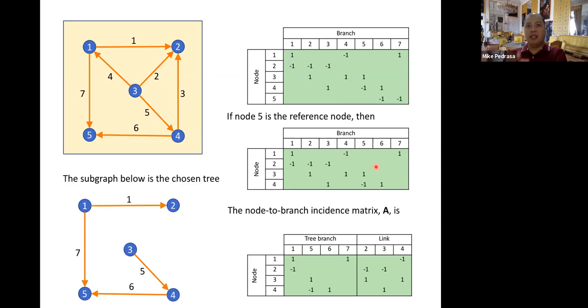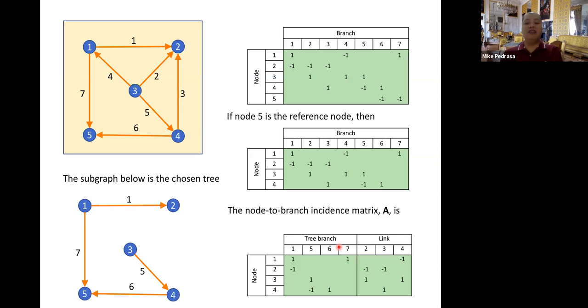The final step in the process is to rearrange the branches such that the first columns are the tree branches, and the last columns are the links. Here, we have chosen this tree. The tree branches are 1, 5, 6, and 7. Pipiliin lang natin yung branches 1, 5, 6, and 7 and iuuna lang natin sila.